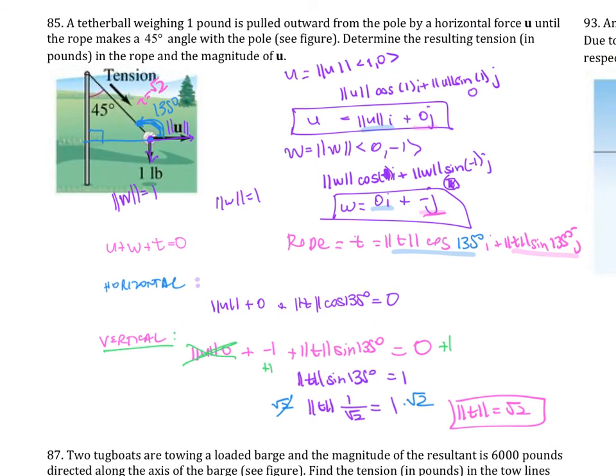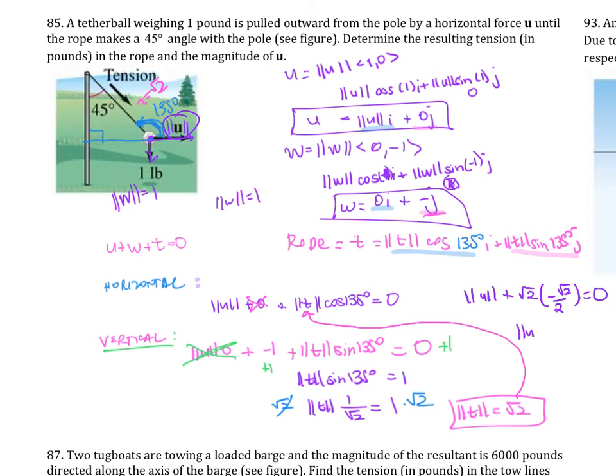Now we can take this square root of 2 and plug it back into our horizontal and solve for it. Now we're going to find the magnitude of U, which is what we're trying to find. So this is going to be the magnitude of U plus T, which is root 2, times cosine of 135 degrees. Cosine of 135 degrees is negative root 2 over 2, and that equals 0.